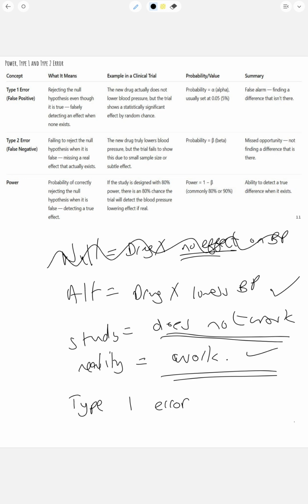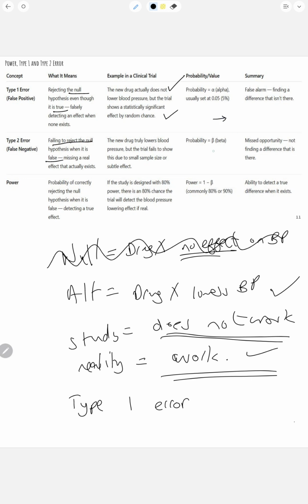So essentially, a type 1 error is rejecting the null hypothesis even though it's true, while a type 2 error is failing to reject the null hypothesis when it is false. Essentially, accepting the null hypothesis when it's actually false. Again, for the example, concluding that the drug works in your test, but in reality it does not work.